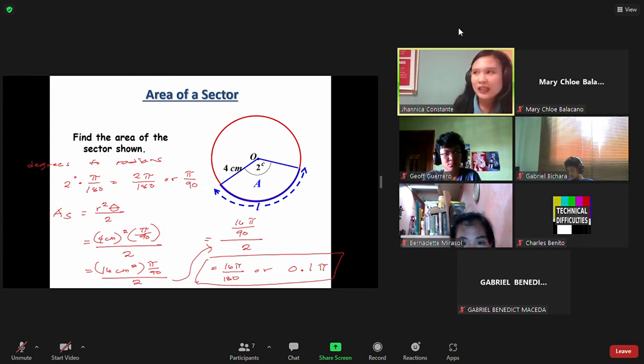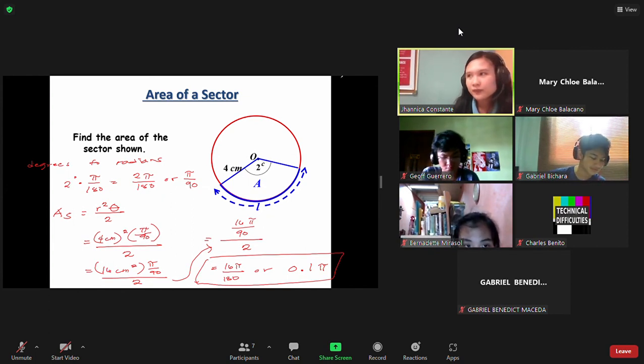Let's try another circle. Given that we're going to use the first formula that we have, which is the measurement of the arc divided by 360 times the area of the circle.